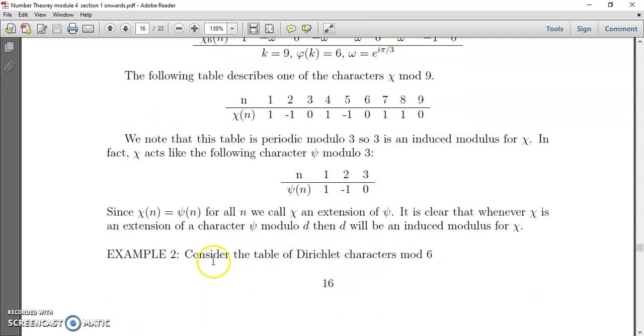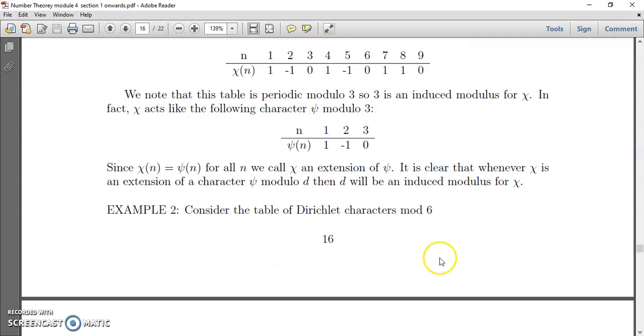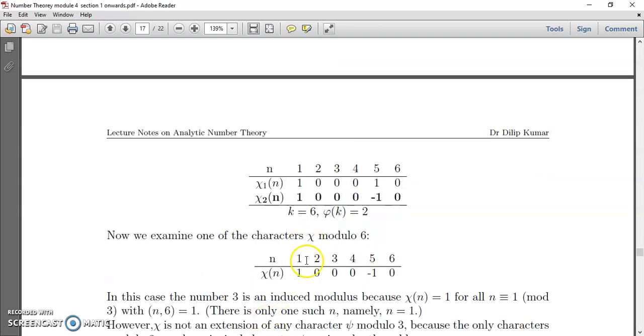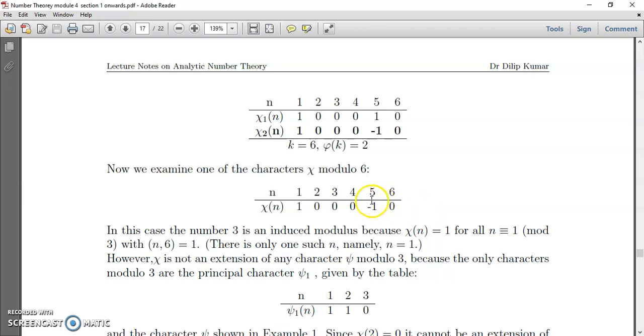Consider the table for Dirichlet characters modulo 6. This is the Dirichlet character modulo 6. We will take this chi 2 of n as our chi of n. We are taking one Dirichlet character. Here you could see that 3 is a divisor of 6.